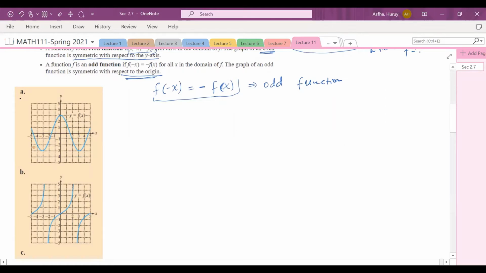they are even or odd. Now, if we look at this one, just by looking at this, this is symmetric with respect to the vertical line, which is the y-axis.